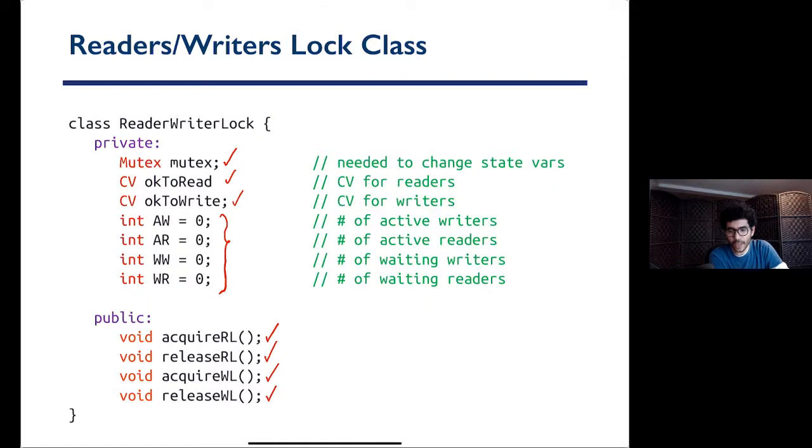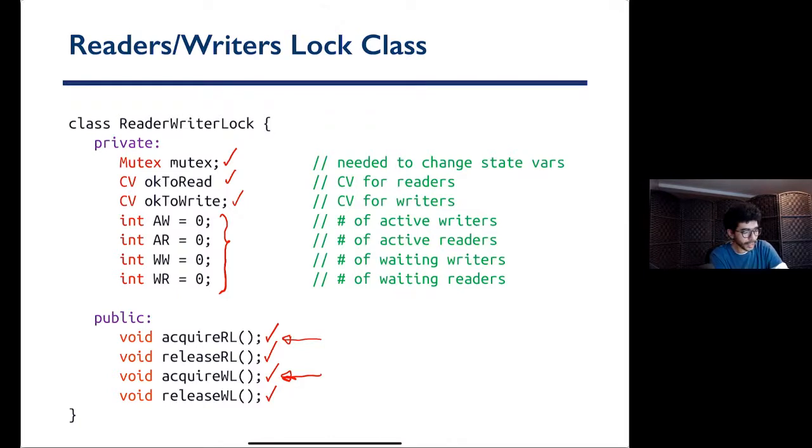So you are an active writer if you have access to the database. It means that you have acquired the lock. So if as a reader, you acquire the read lock, you become an active reader. If as a writer, you acquire the write lock, then you become an active writer.